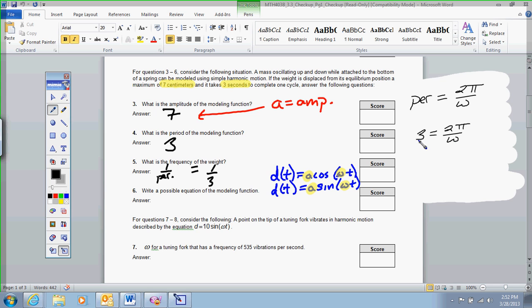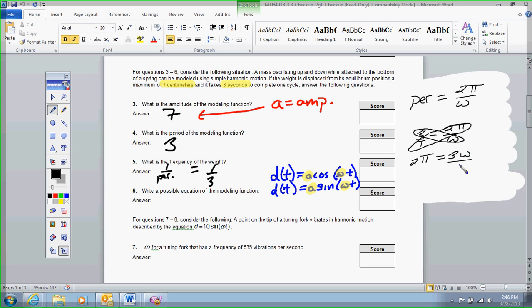So what I'm going to do, I'm going to make this as easy as possible. I'm going to put this over 1, and I'm going to do cross multiplication and division. So it's going to be 1 times 2 pi, which is 2 pi, is equal to 3 times omega divided by 3, and I've got omega. It's 2 pi thirds, or 2/3 pi. And so I can just use either one of these.